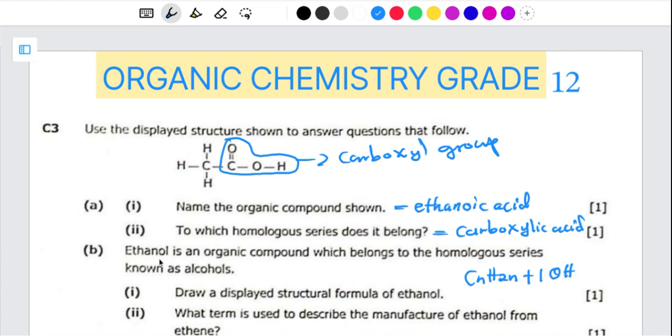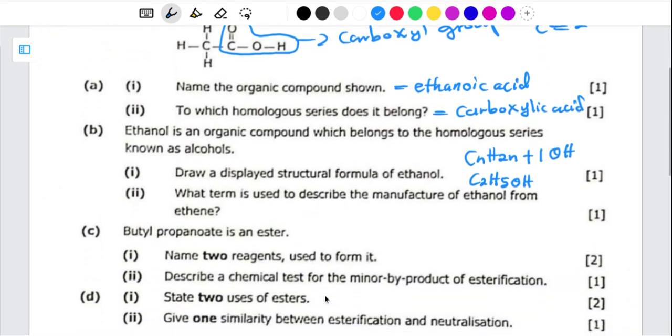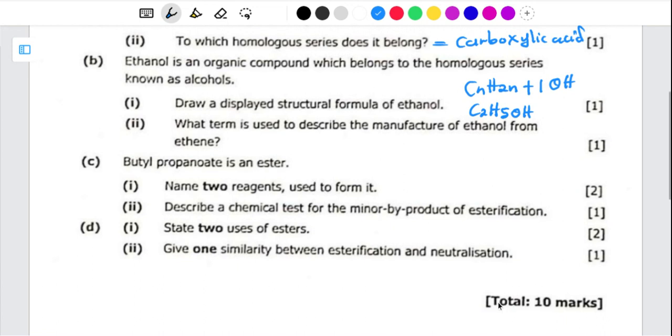Since this one is ethanol and it has 2 carbons, n is equal to 2. So what are we going to do? If I put 2 here, and then 2 here, this one is going to be 4, plus 1, that is 5. So it's going to be like this, but it is saying draw a displayed structure formula of ethanol. How is it going to look? We have 2 carbons there, so I write them like this.